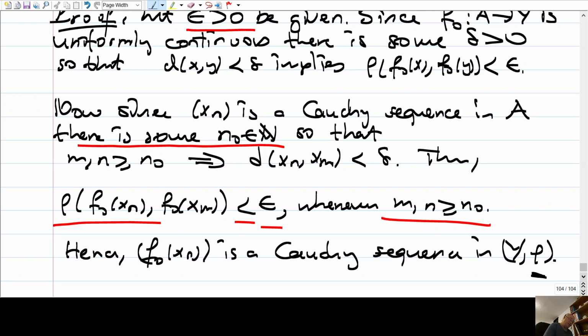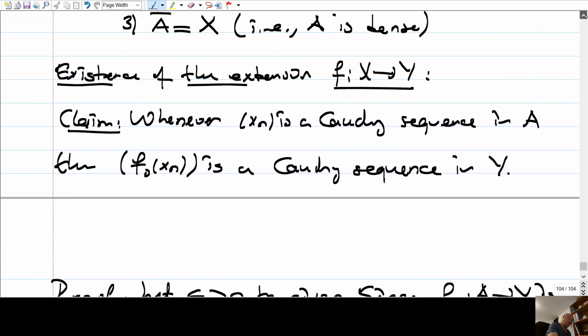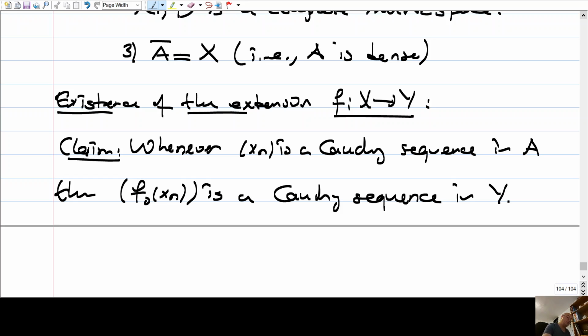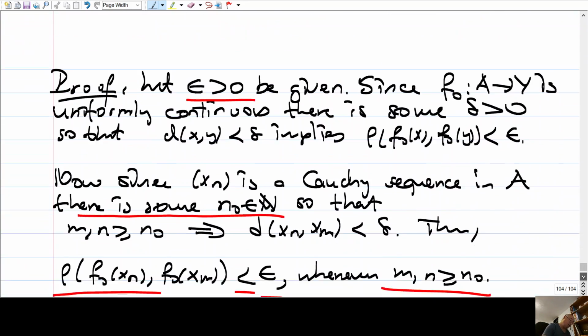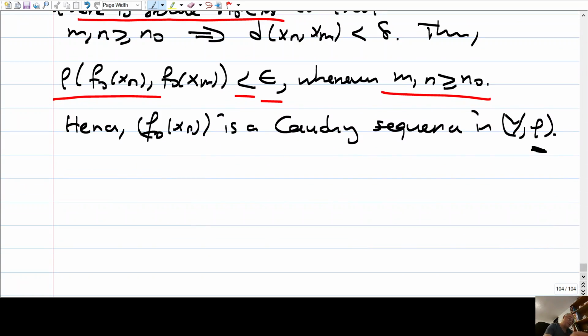Okay, so this is a technical claim, but it will be very important in the construction of this function. How? I don't have much time, but let me just give you the idea.